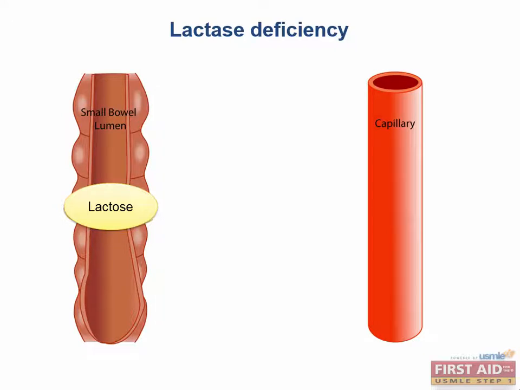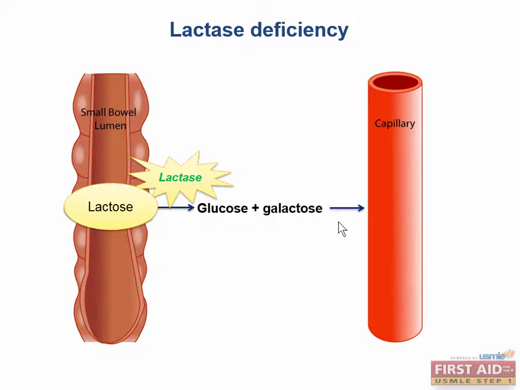Have you ever wondered what someone meant when they said that they're lactose intolerant? Well, lactase is a brush border enzyme found in the small intestine which hydrolyzes, or splits, the disaccharide lactose into its constituents, glucose and galactose, which can then be brought into an enterocyte. A deficiency in this enzyme can be either primary or secondary.